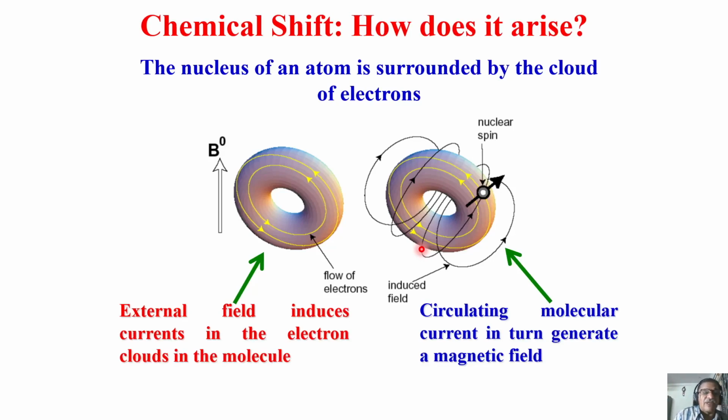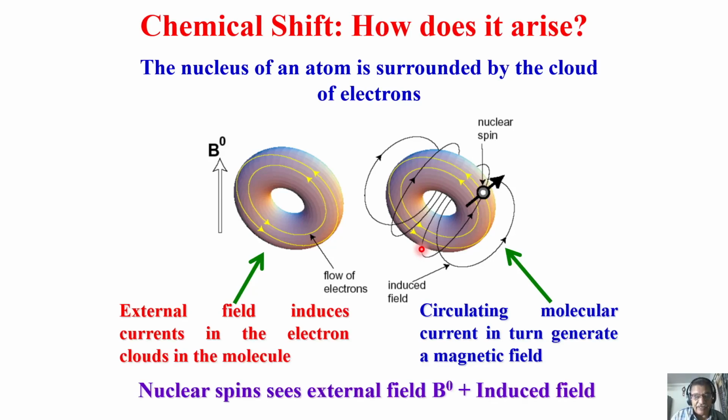Does it add to the external field or subtract from it? The nucleus at the center, what field is it going to see? B naught alone, or B naught plus the field generated by these electrons, or B naught minus the field generated by these electrons? That we have to understand. So the nucleus sees the external field plus the field induced because of the electrons.